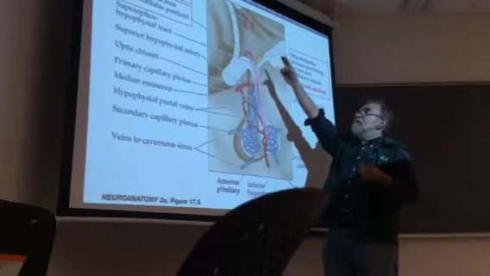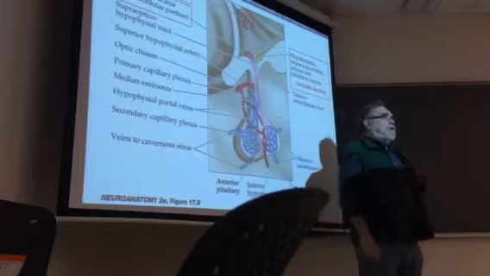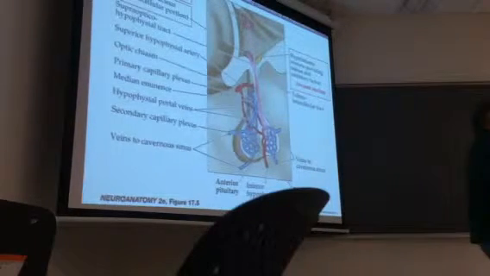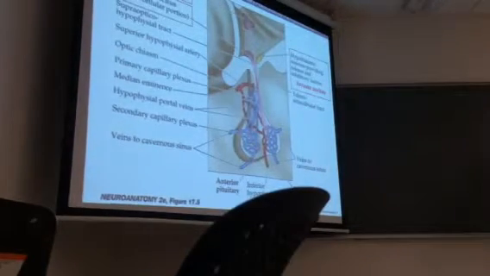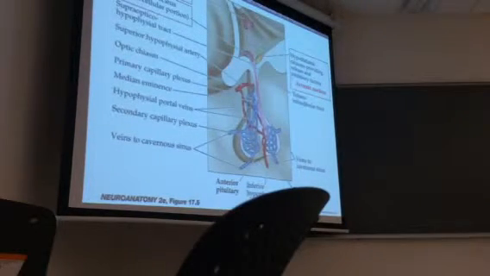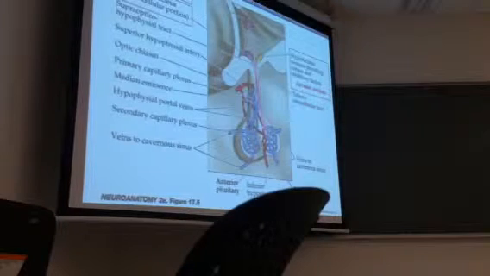So we have, in this case, 3 nuclei in the brain, in the hypothalamus, that aren't really just making neurotransmitters, they're making hormones. What's the difference between making a neurotransmitter and a hormone? Nothing. The difference is where they're released.